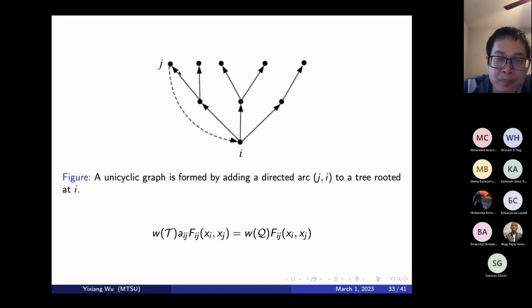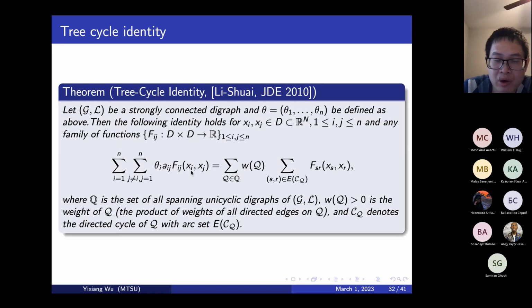Basically, it's like you multiply by the weight of the edge from j to i. Then this equals the weight of this graph times Fij. Then you go over all the trees, and you will obtain the right-hand side, which is related to the cycles of the trees.